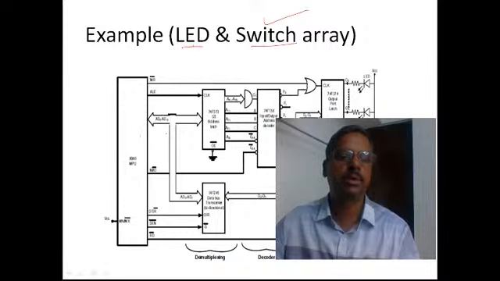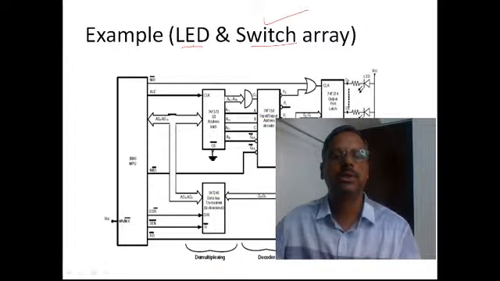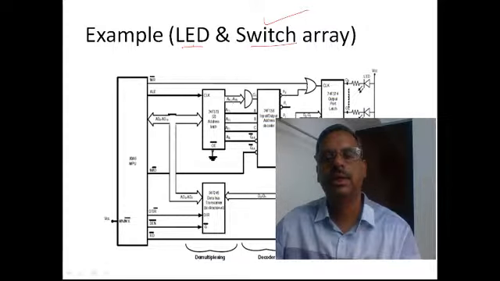So this 8086 microprocessor, the multiplexed address data bus AD0 to AD15, is connected to 74373, which is basically an octal latch. So 8 latches are available in this. With this, A0 to A7 are separated out here, and A8 to A15 are separated out here.